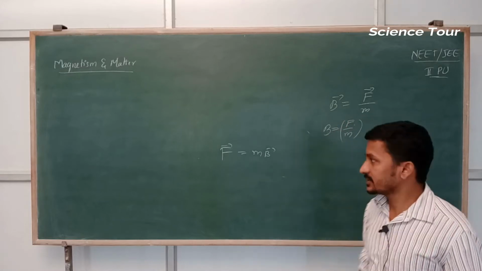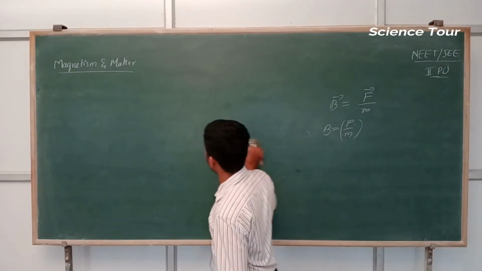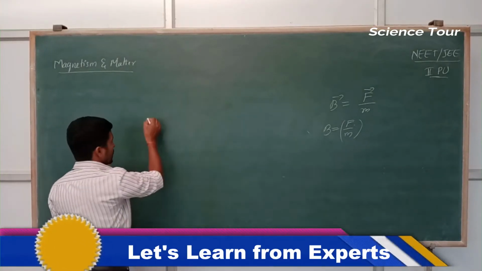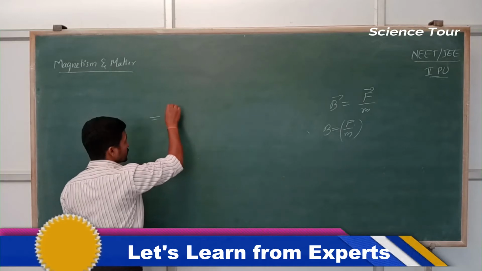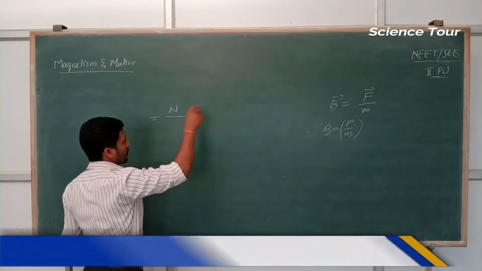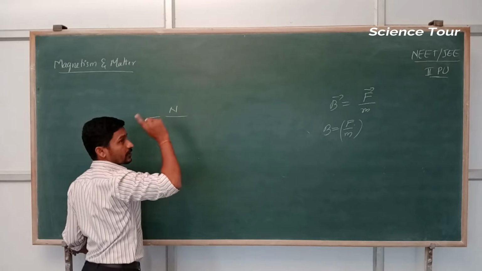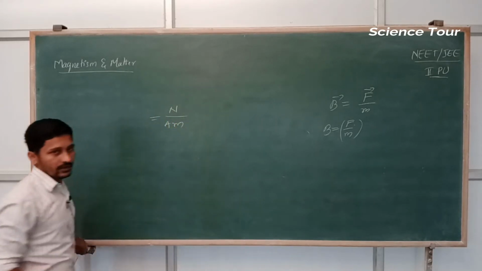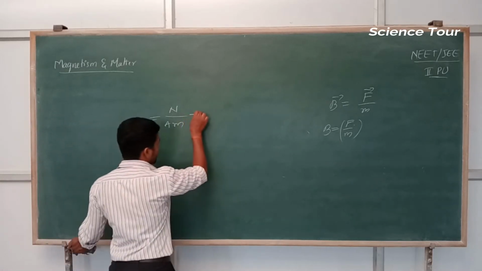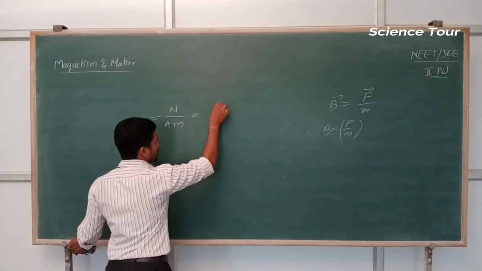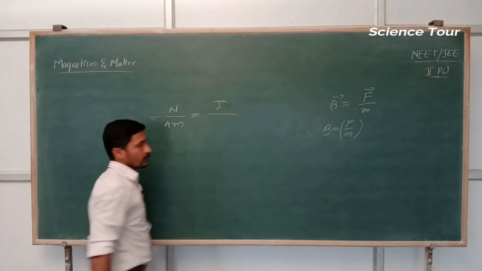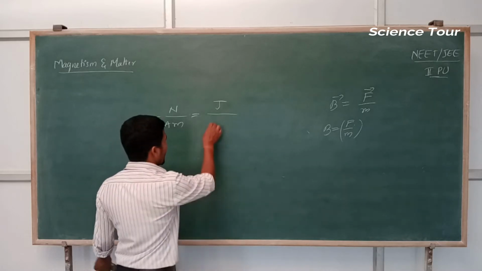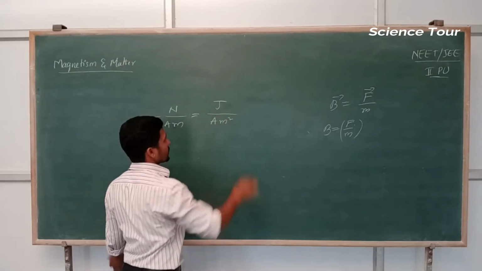Now what is the SI unit of this magnetic field? There are several ways to write the SI unit of the magnetic field. The SI unit of force is Newton, and for the pole strength, not the magnetic moment, we get ampere meter. Or else in terms of joules, you are going to get ampere meter square.